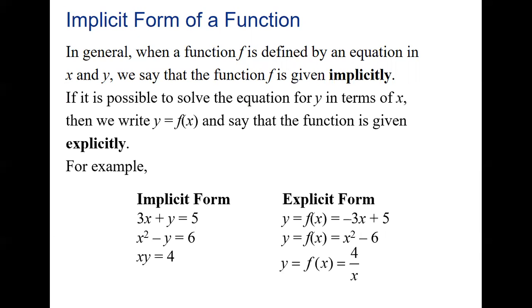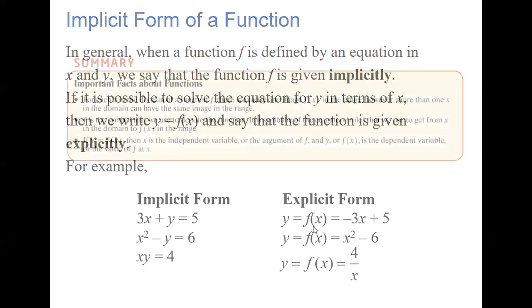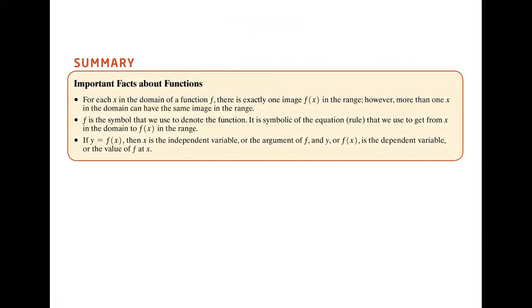Questions, comments, concerns about implicit form? None? All right. So notice when you're doing the implicit form, you are getting y by itself and then substituting in f of x for y. Okay. So this is a summary of what you should understand: domain and range of functions, the symbols that may be utilized, function notation, understanding your independent and dependent variables.